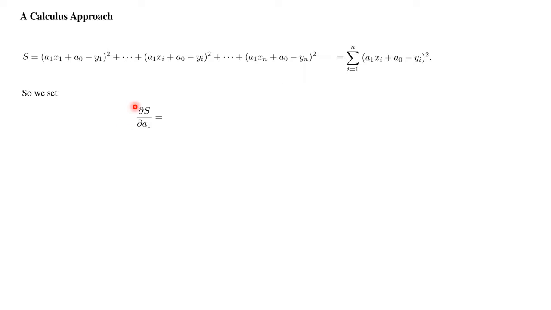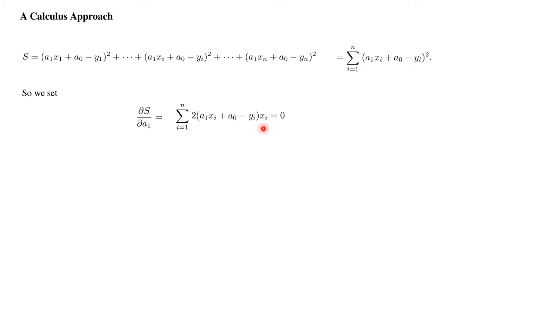So we set the ∂S/∂a1 equal to 0. Write down what the ∂S/∂a1 is. It's the derivative of a sum, which is the sum of the derivatives. And we need the chain rule, so we differentiate the bracket to the 1 and then differentiate inside with respect to a1.